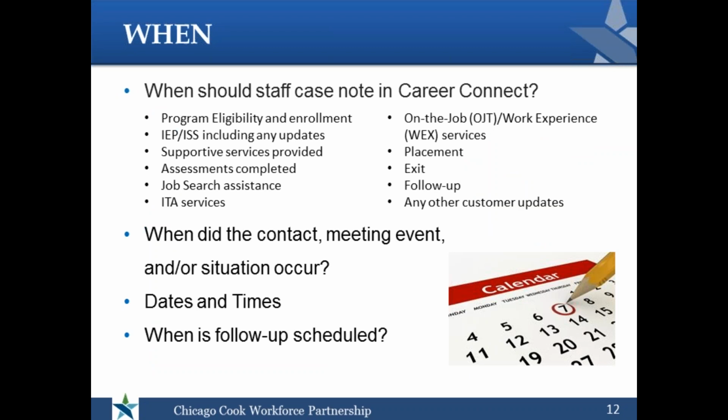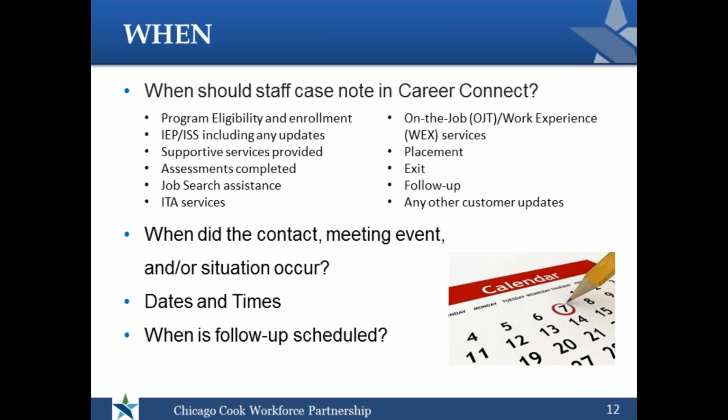The when. When do we do case notes? When should we actually go into the system and write a case note in regards to an interaction? Program eligibility and enrollment. When you create an IEP, ISS, including any of the updates, if you have to update the IEP or the ISS. When you provide any type of supportive services. If you completed an assessment.